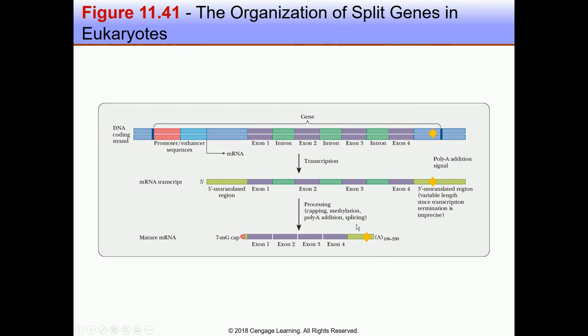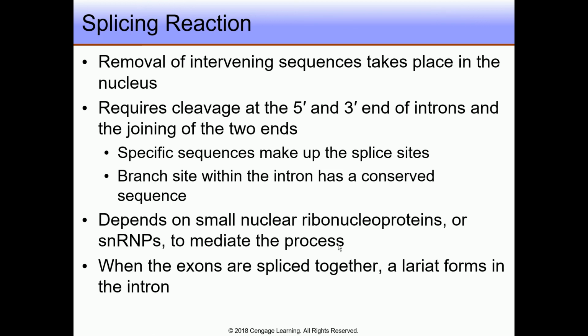But before this mRNA can go to the ribosome, all these introns are removed and all these exons join together. This is called RNA splicing, and this results in the formation of a mature form of mRNA. So its two ends are modified, with the poly A tail and the 5 prime cap here, and all the exons are joined. This is an important difference which does not take place in the prokaryotes.